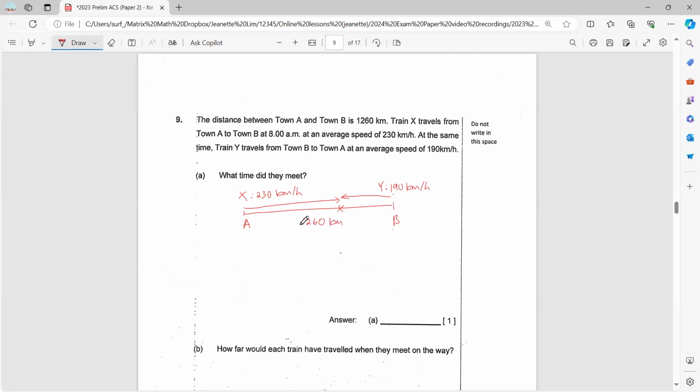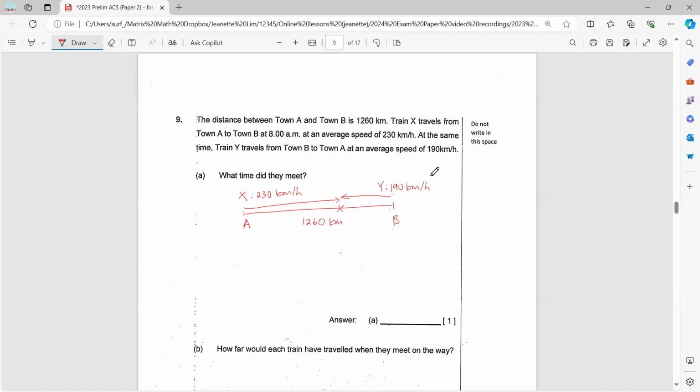That is the total that both X and Y are going to travel by the time they meet. X is going to cover this much, Y is going to cover this much. So that distance plus this distance gives us 1260. So 1260 is the total distance that they can cover in a certain amount of time. Let's find the total. In 1 hour, X can cover 230 km.